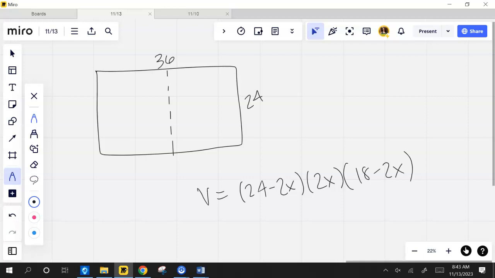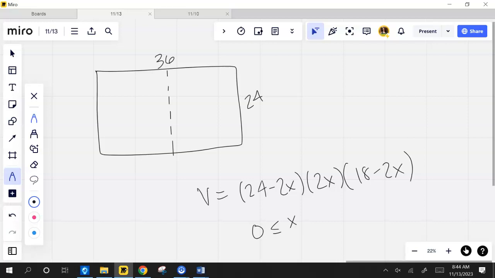Find the domain and graph this. Okay, we're not going to graph it, but we will talk about the domain. X can't be any smaller than what? 0. I know I'm between 0. Now, if you think about this one, it's a little easier to think about the domain. So take the shortest side that you have. What's the shortest side that I was given? 18, right?